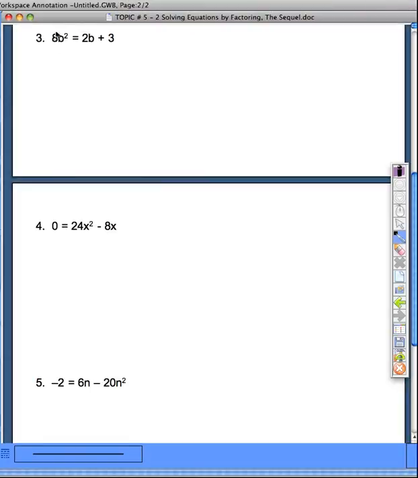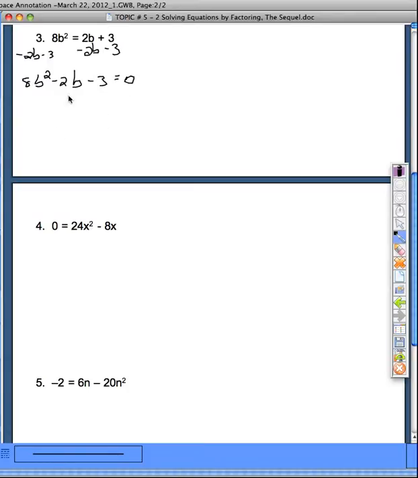Okay, our square term is b, our variable's b, but that squared is positive, so we're going to move the 2b and the 3, which are both positives. That means I need to subtract them from both sides. So I'm left with 8b squared minus 2b minus 3 equals 0.